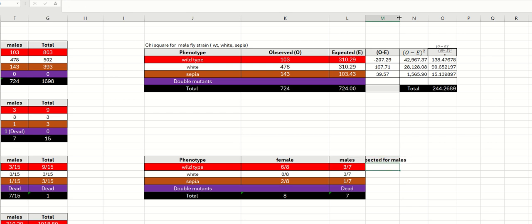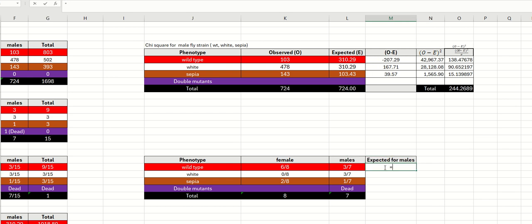You do exactly what you did in the previous one: you multiply the total, in this case 724, which is all the males, by the ratio. So multiply here, and your ratio will be 3 divided by 7. And that's all. Here it will be the same thing.